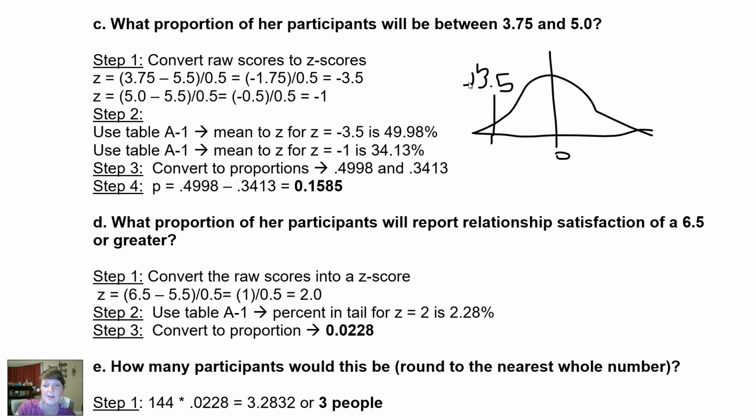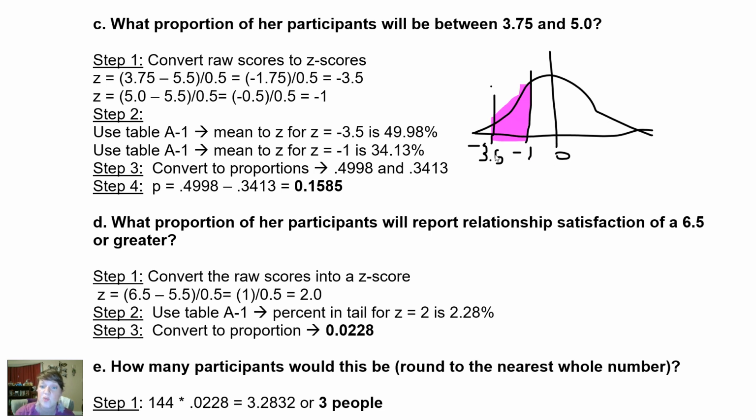So this is negative, forgive my terrible drawing, this is -3.5. Well, where is -1? Ooh, it's on the same side of the average. So -1, -3.5, it's right here, right? And what I'm being asked about is the proportion of people between here, right?